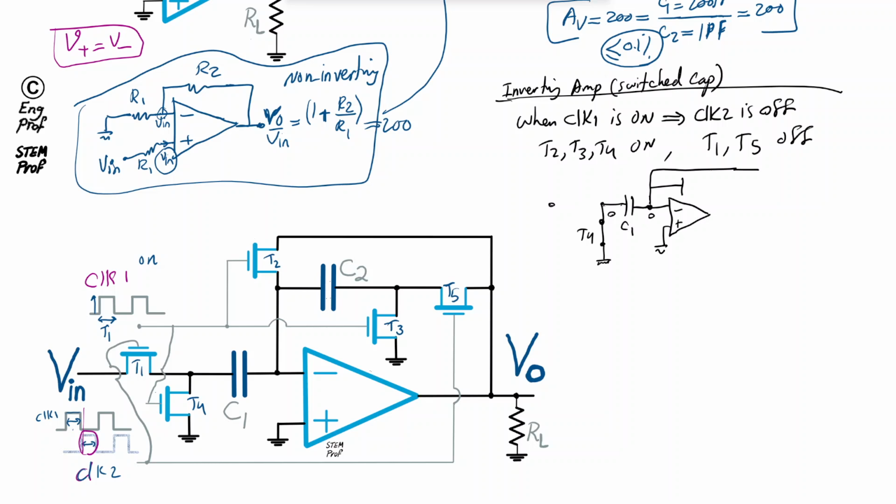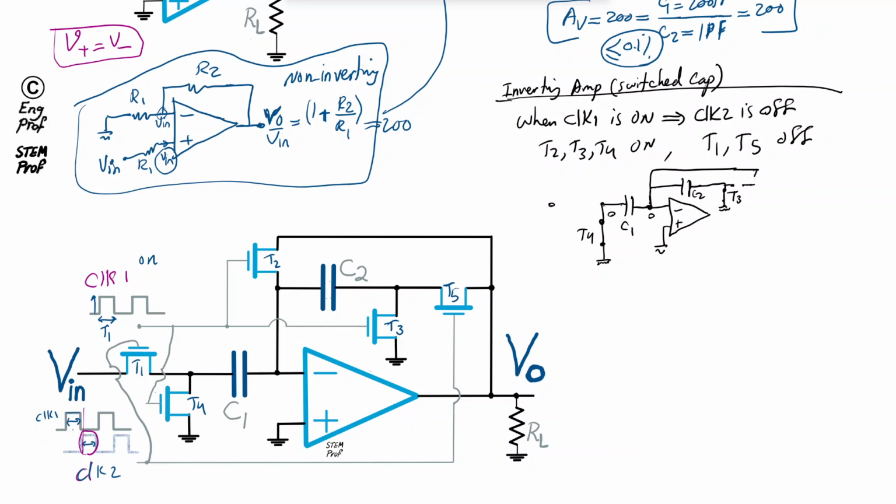C2 on this side is connected to virtual ground, and T3 is also on, which means C2 is also shorted to ground on the other side by transistor T3, and T5 is off, so there is no further connection.